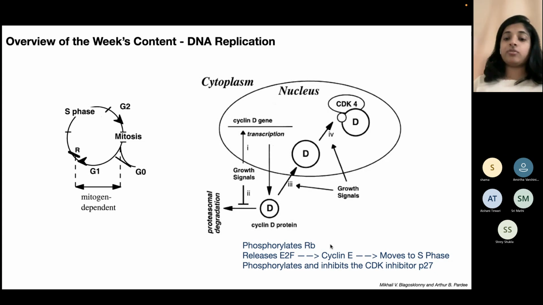This E2F will then proceed to translate cyclin E, which will help the cell move into the S phase, where DNA replication happens. It also helps phosphorylate certain inhibitors such as P27, which generally stalls CDK activity.